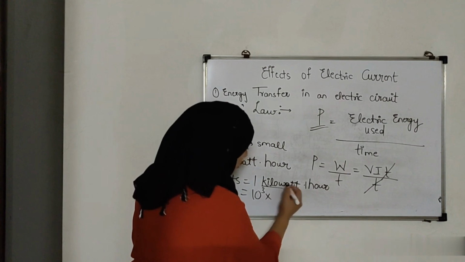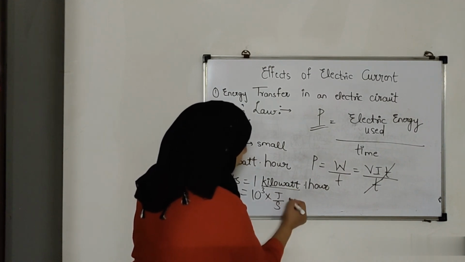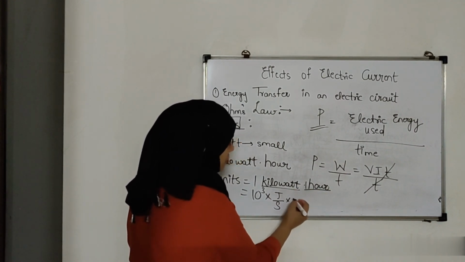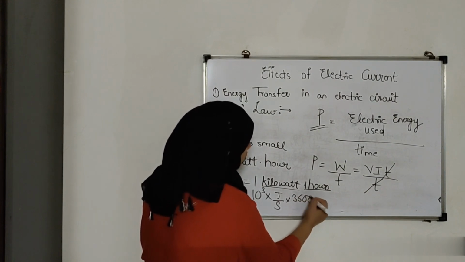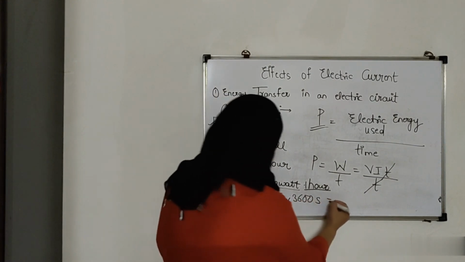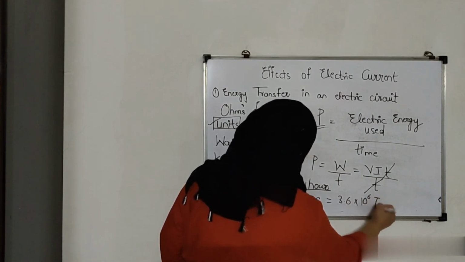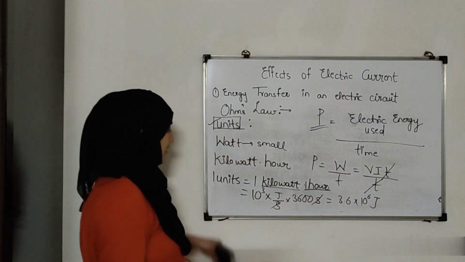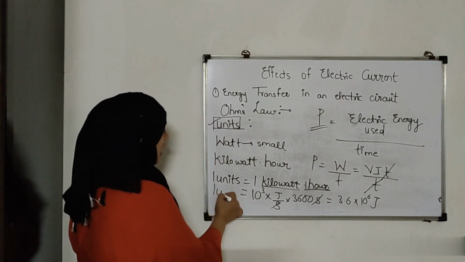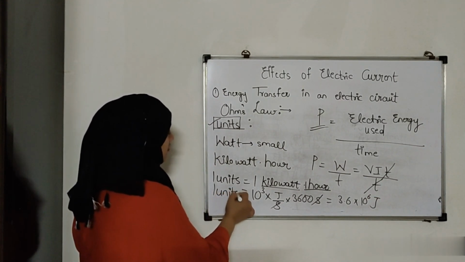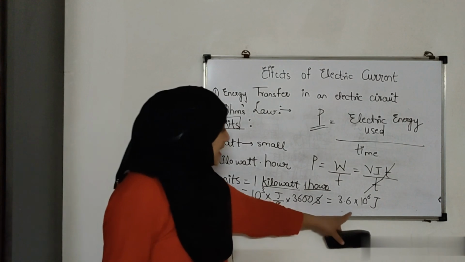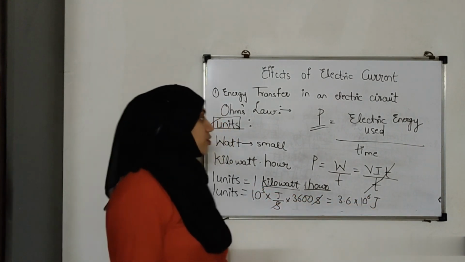And watt is joule per second. Now convert this 1 hour also into seconds: 3600 seconds. So equals 3.6 into 10 raised to 6 joules. The seconds get cancelled. So 1 unit means how many joules of energy we have used? 3.6 into 10 raised to 6 joules of energy.